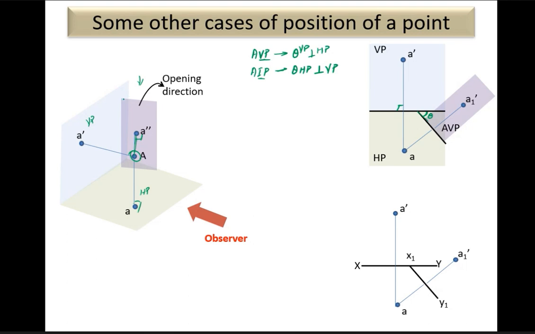Since it is making a certain angle with VP, we'll show it like this. So it is making an angle theta with VP. And our projector is perpendicular to this, and this is how we get our projection in any auxiliary vertical plane. Okay.